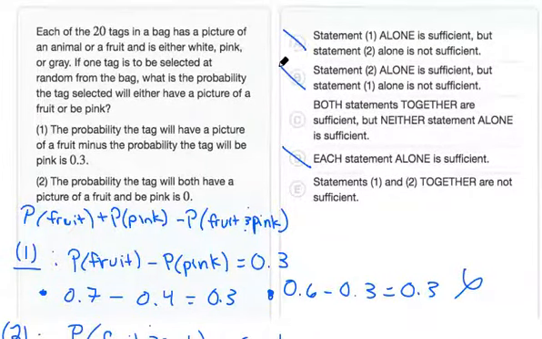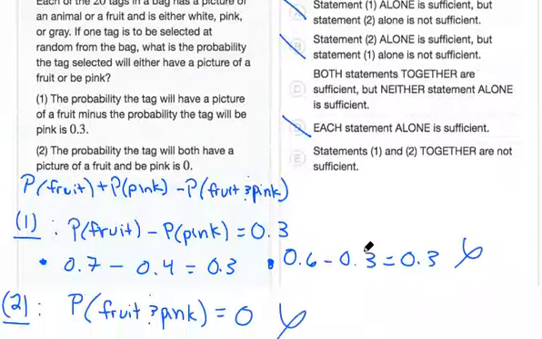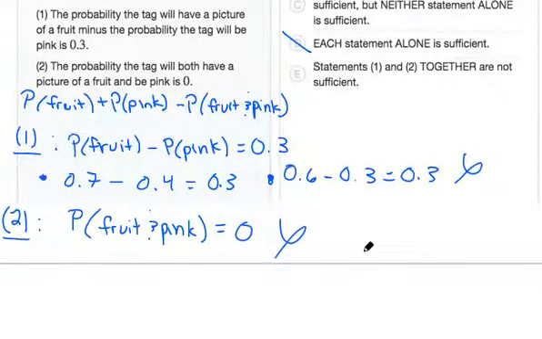To narrow down our answer choices further, we'll need to consider both statements together. Considering statements 1 and 2 together, we know the probability of fruit minus the probability of pink is 0.3, and we know that the probability of both occurring at the same time is 0.